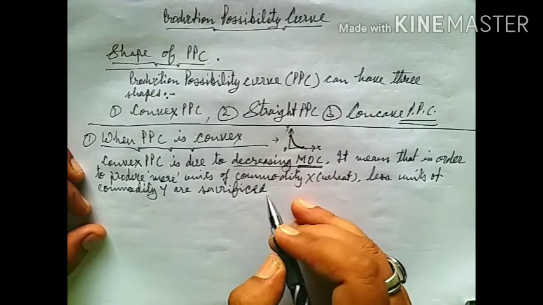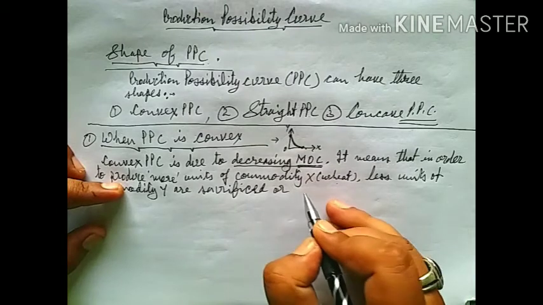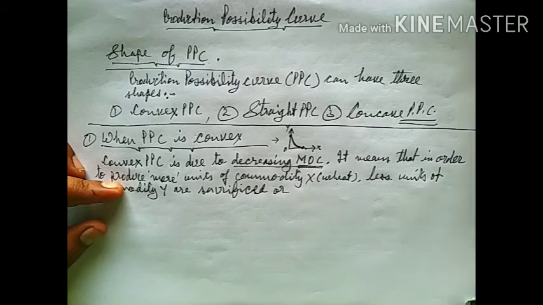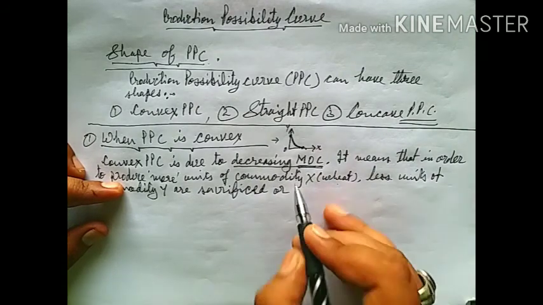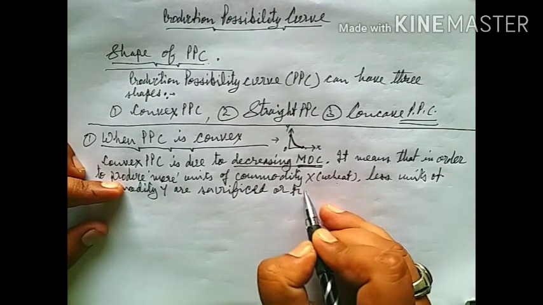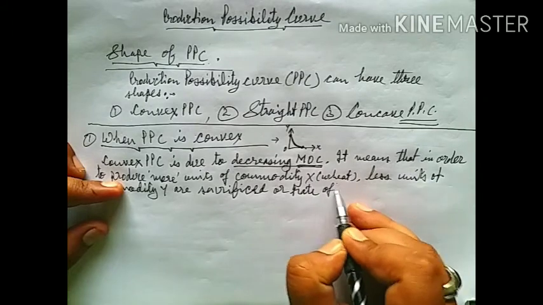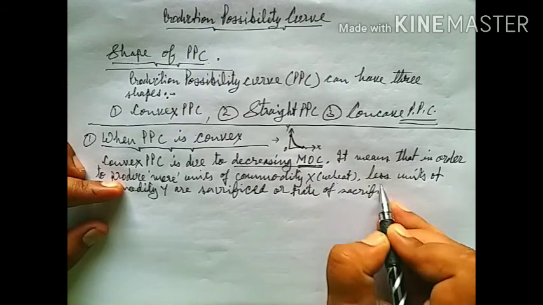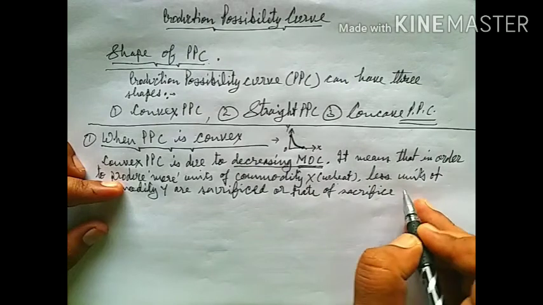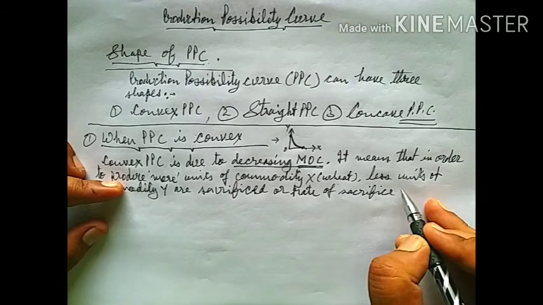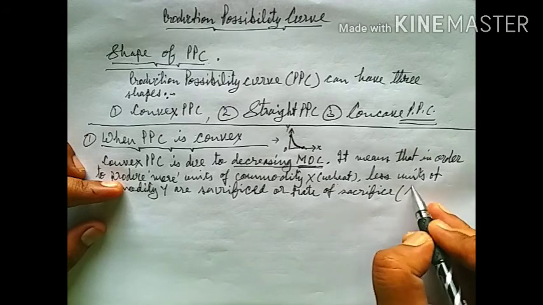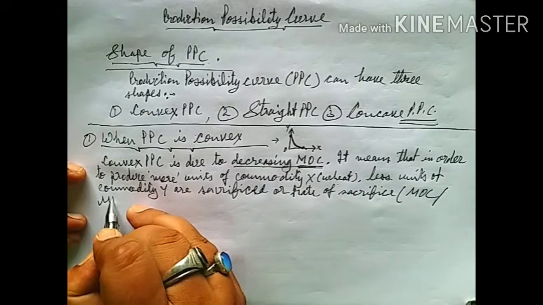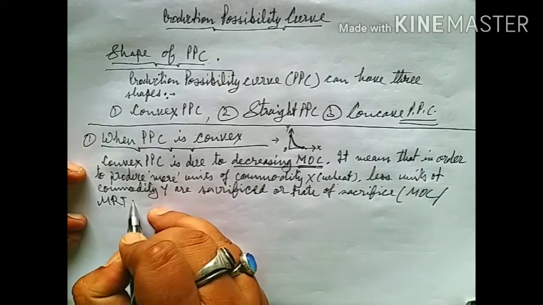Or we can say that the rate of sacrifice, or MOC, or the MRT, marginal rate of transformation, decreases.